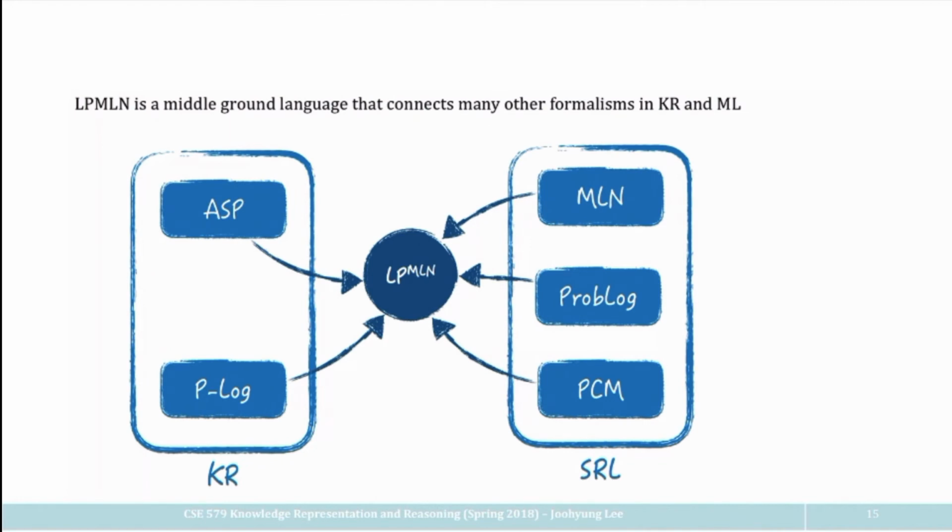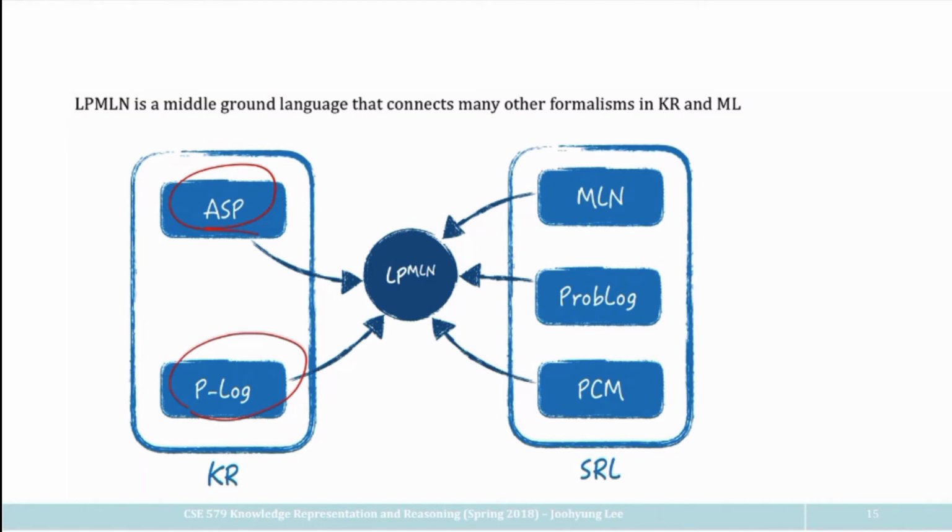Okay, so what we saw so far is that this language is actually intermediate level, combining the strengths of different communities' work. So in terms of knowledge representation, we actually look at ASP. There's also another version of the language called P-log that extends ASP with probability.